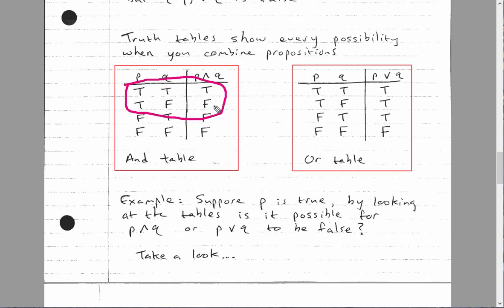Is it possible for P and Q to be false? Yeah, it's false in this case. So the only way that can happen is if Q is false. So if P is true, the only way P and Q can be false is if Q is false.